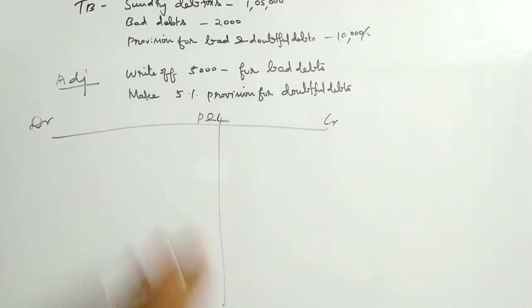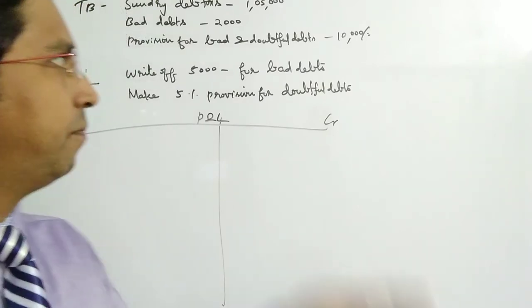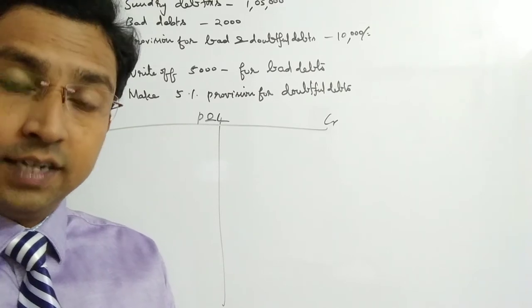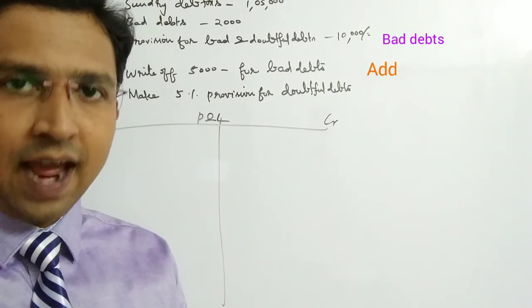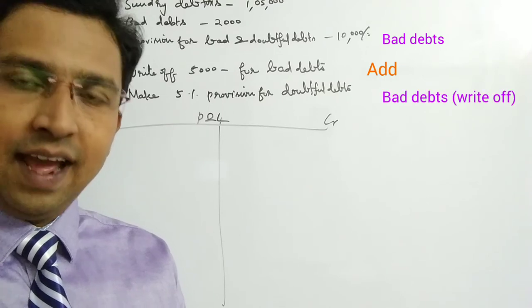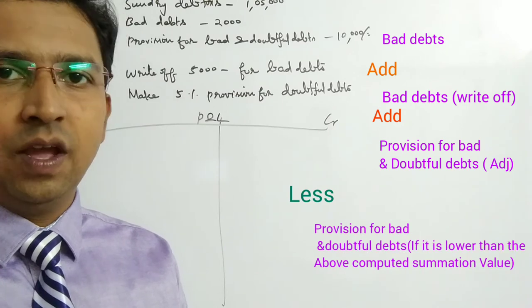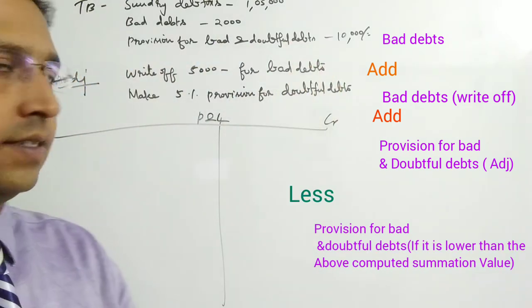The general approach to handle these things is: old bad debts, which are on the debit side of the trial balance, then add new bad debts, then add new provision for bad and doubtful debts. New means adjustments, and old means the ledger account balances already there.